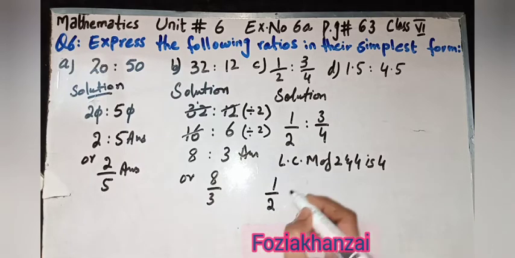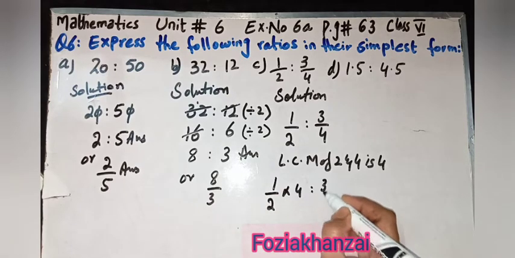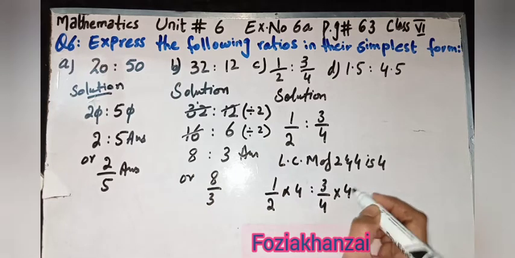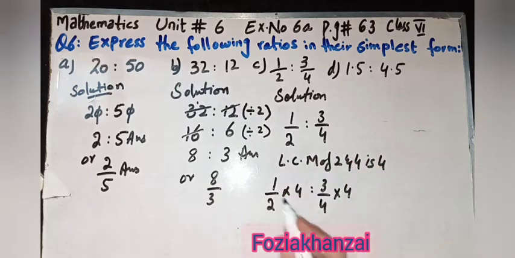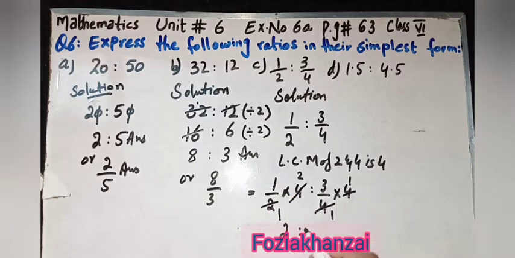So 1 upon 2 multiply by 4, ratio 3 upon 4 multiply by 4. So 1 upon 2 multiply by 4 is 2, 3 upon 4 multiply by 4. Reduce it. 2 ones are 2, 2 twos are 4, 4 ones are 4, 4 ones are 4. After reduce, 2 ones are 2, 3 ones are 3. 2 is to 3 would be the answer of part C. Okay, same method we did in example number 3, part E.